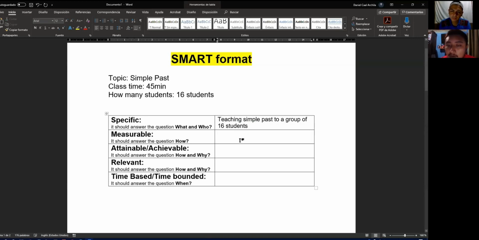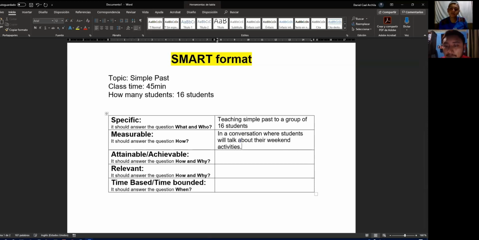Now, how we're going to be measuring this, what will be the way that we will be assessing this kind of objective, would be that the students will have a conversation or a sharing moment in which they will be talking about their weekend activities.